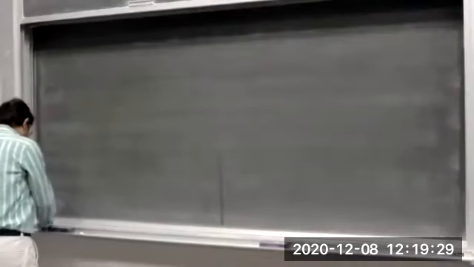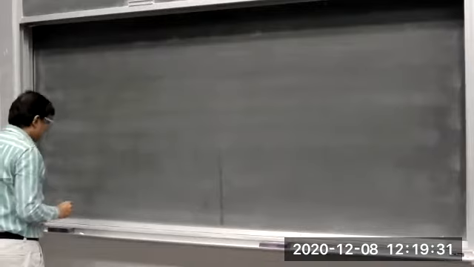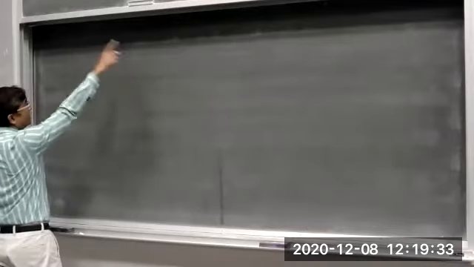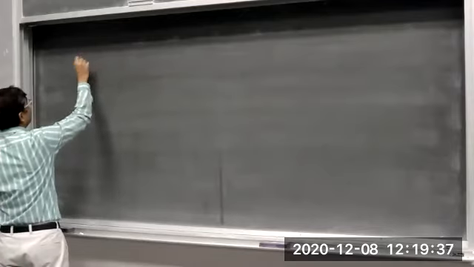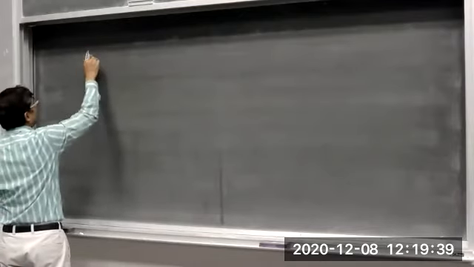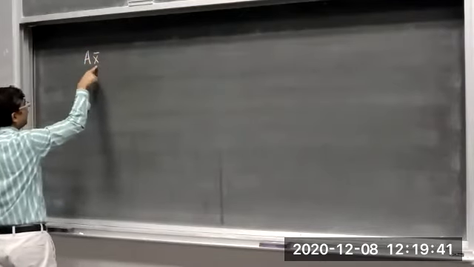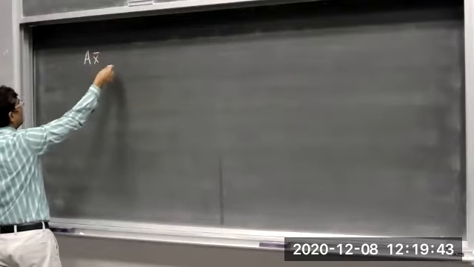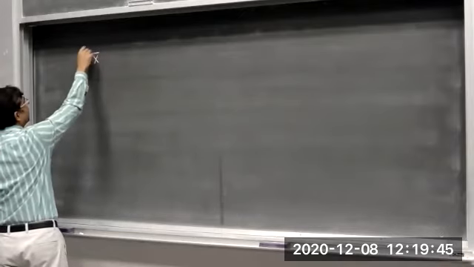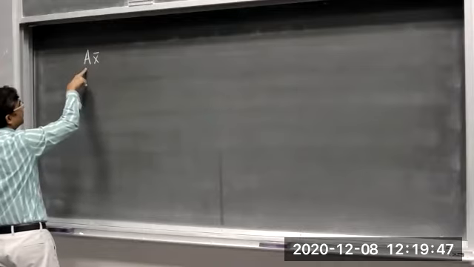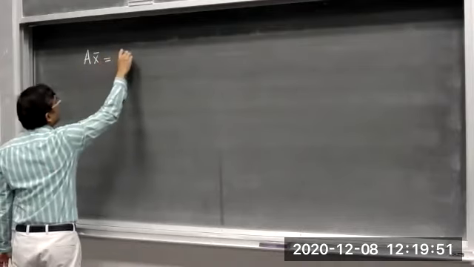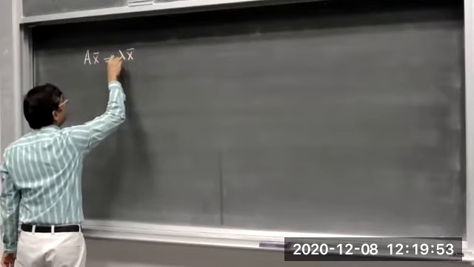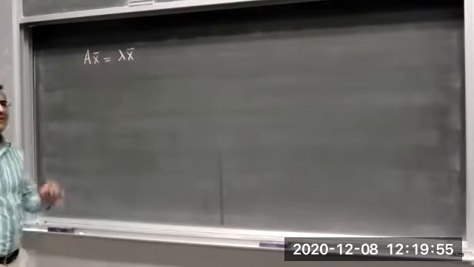Now, how do we find these vectors? According to that geometrical interpretation, we can define that if we have some vector x in some space Rn, and A is the transformation, when we multiply A with x, we get the same x scaled by some lambda, the scaling factor.